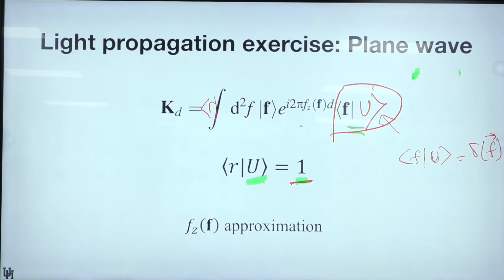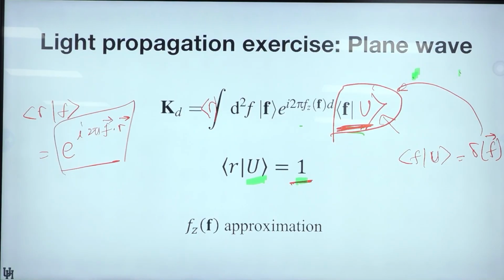So in this location, apply delta of f. The other thing is r acting on f. It is e to the i 2 pi f dot r. So you have r acting on f over here.